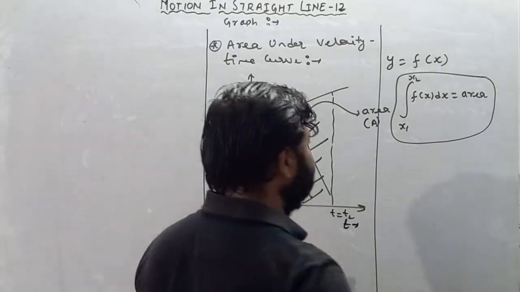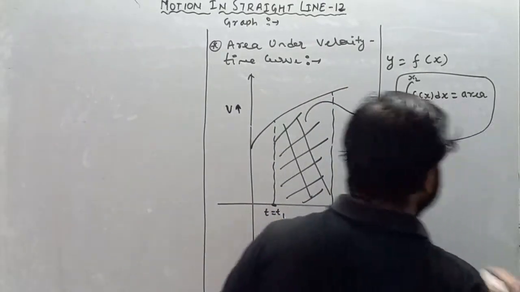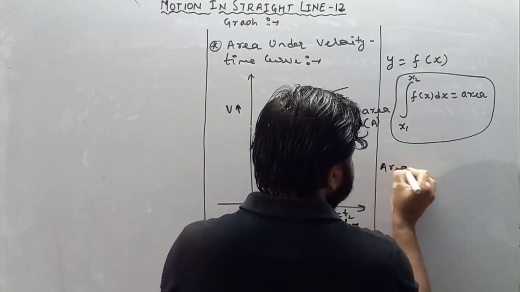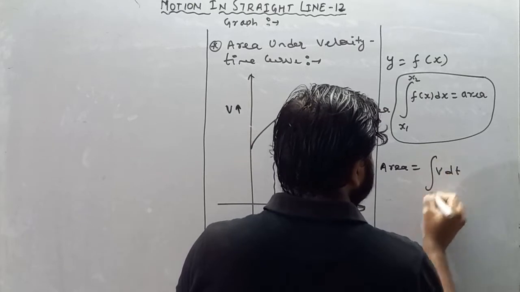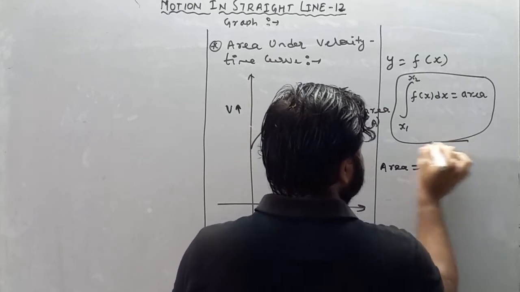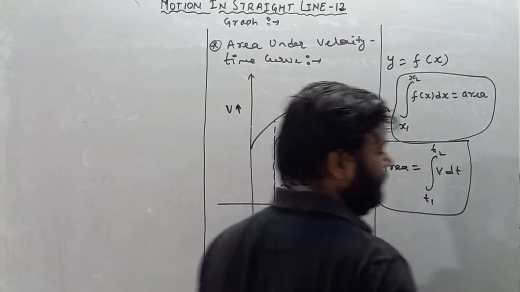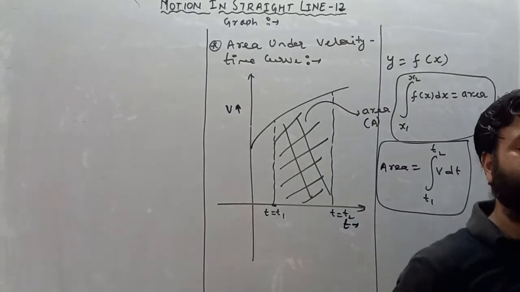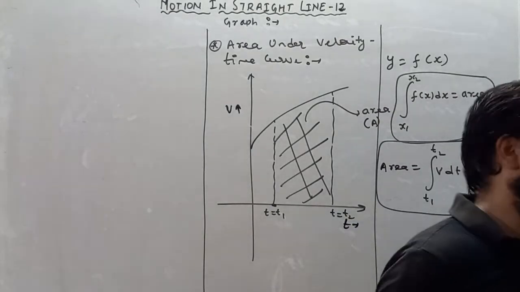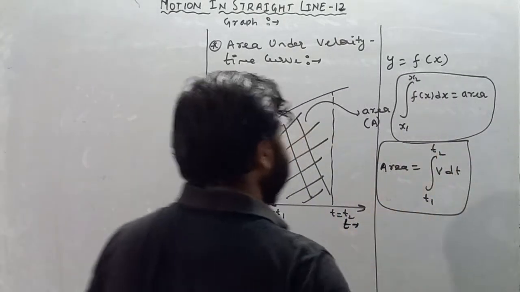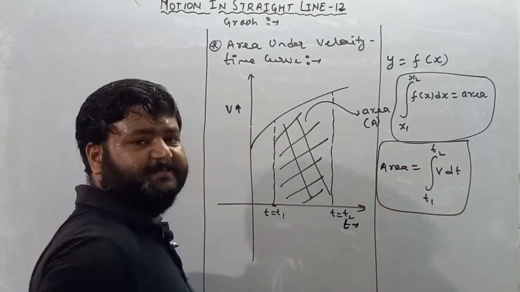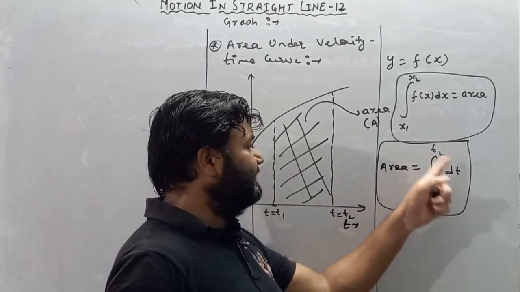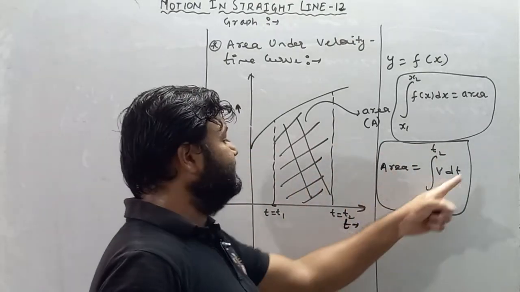So we'll write that the area is the integral of v dt from t1 to t2. I hope you all are understanding this, my dear student. It means that if I integrate velocity with respect to time, then the area under the curve gives this value.